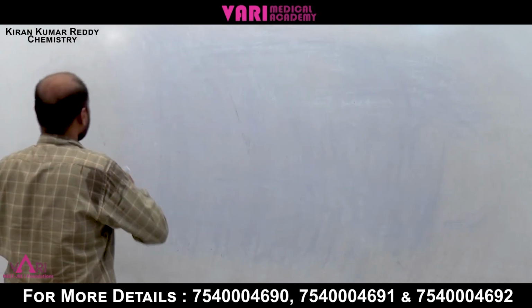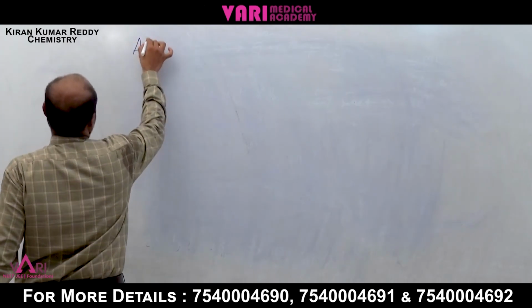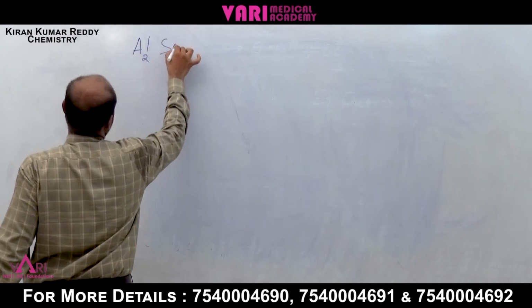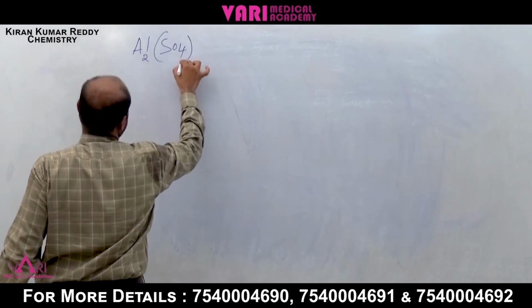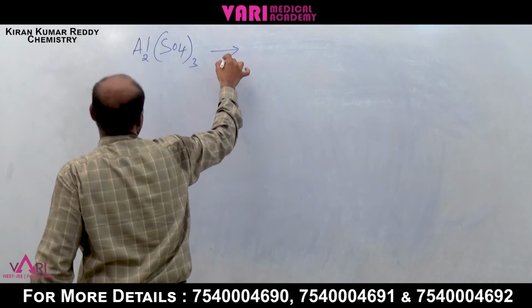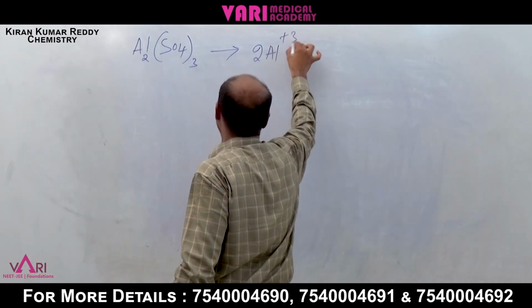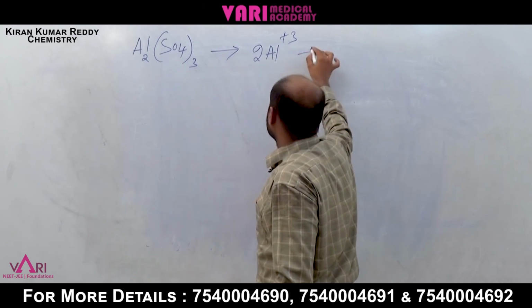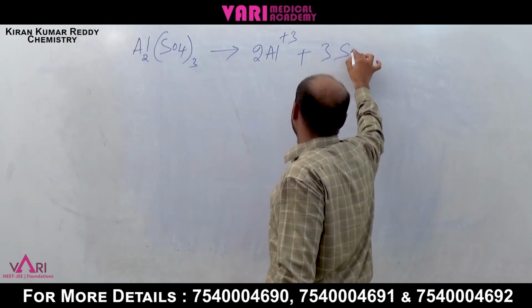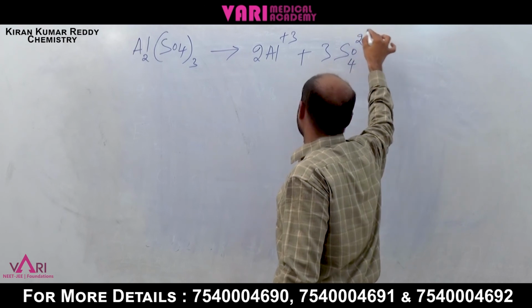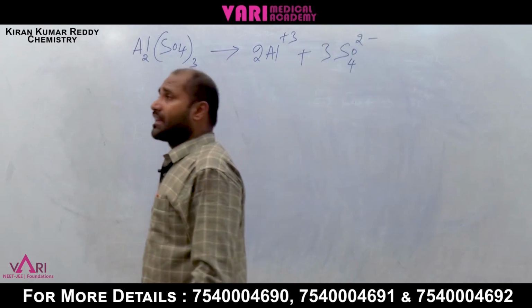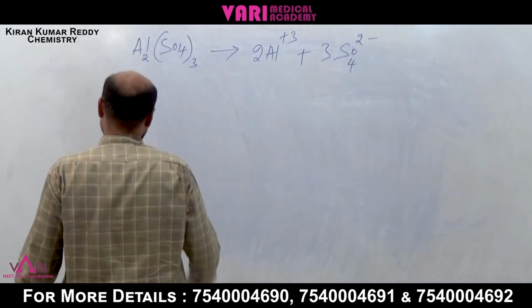We can take another example of salt. Now I am taking Al2(SO4)3. Here we can write 2Al plus 3 and 3SO4 2 minus. Here the total charge on cation is 6.